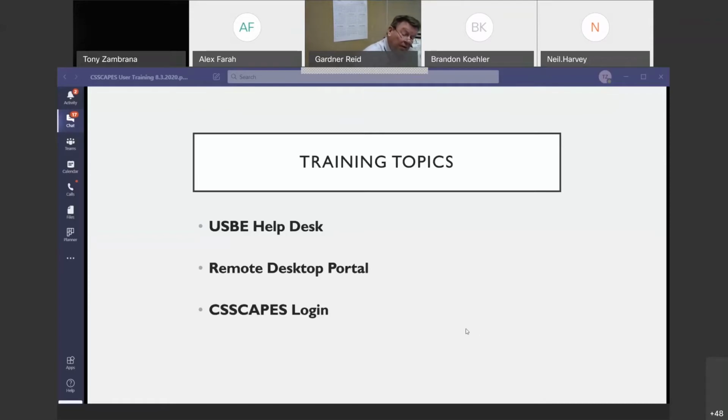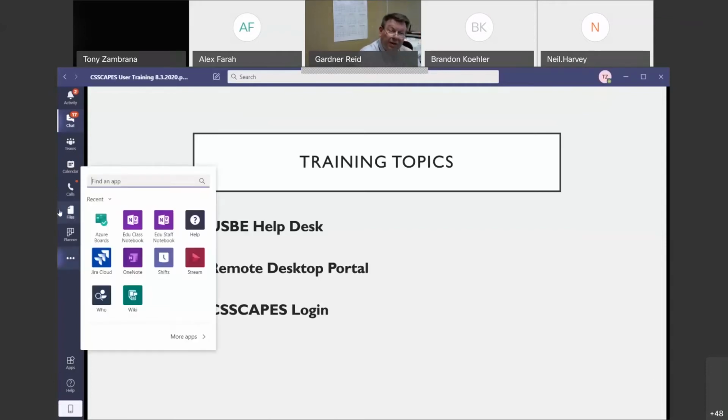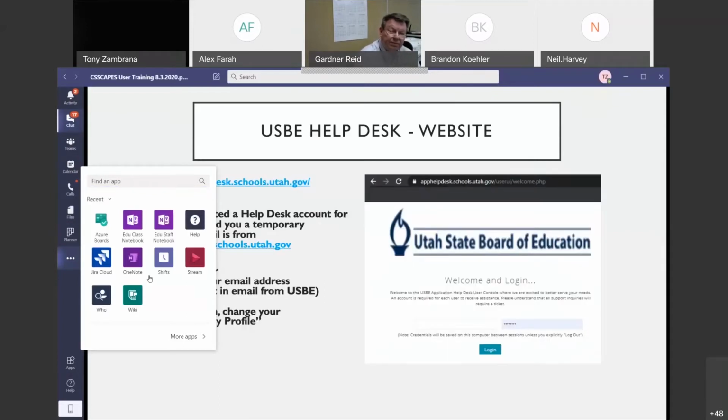The second thing we will address is the remote desktop portal. As many of you know, this is the new way in which we are accessing Seascapes. It's through a web portal, which gives you access really from any browser to Seascapes. And then finally, we'll just briefly hit the Seascapes login process, which you're probably all familiar with.